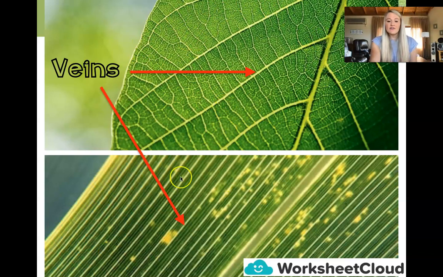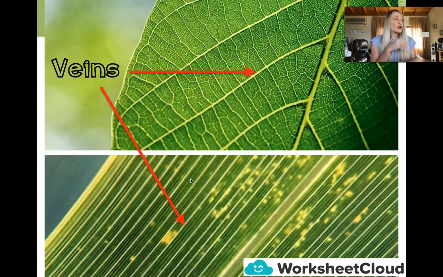Or we have veins on a leaf that look like this, and we call them parallel veins. You can see these long lines that run parallel to one another. And for those of you that have learned the word parallel in maths, it means that the space between the lines is equal, there's equal distance between the lines.